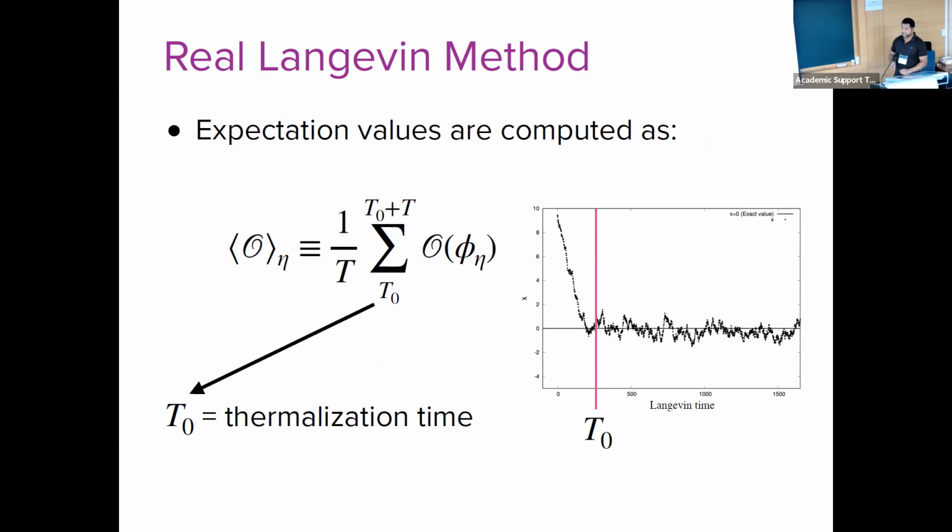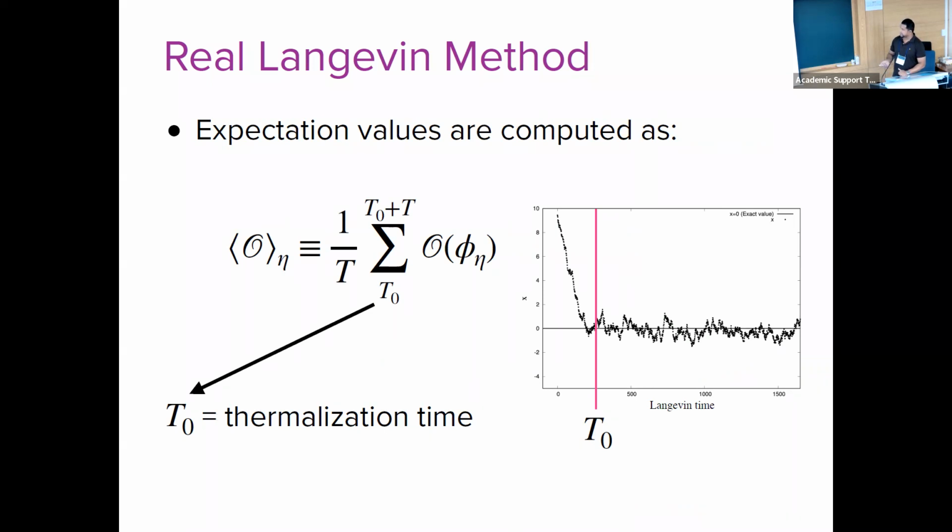Now we need to compute the expectation values on a computer. So we let it evolve in Langevin time, and the field can start at some point. We can start anywhere. Suppose the field started here at tau equal to 0. Then it evolves. It is gradually finding the region where the action is minimized. Eventually it finds that region and it fluctuates around there.